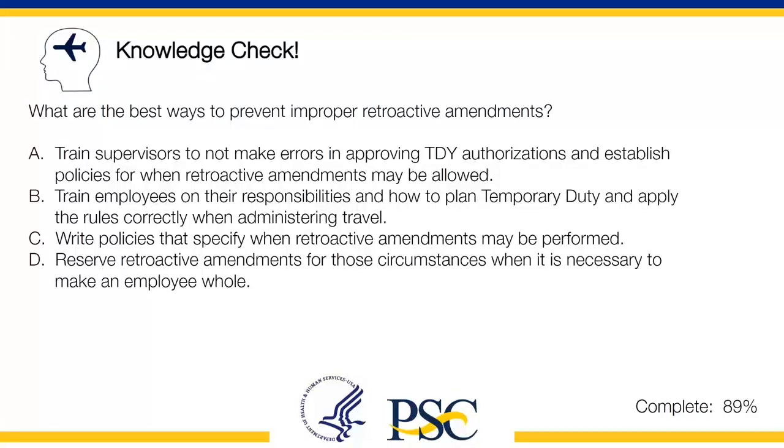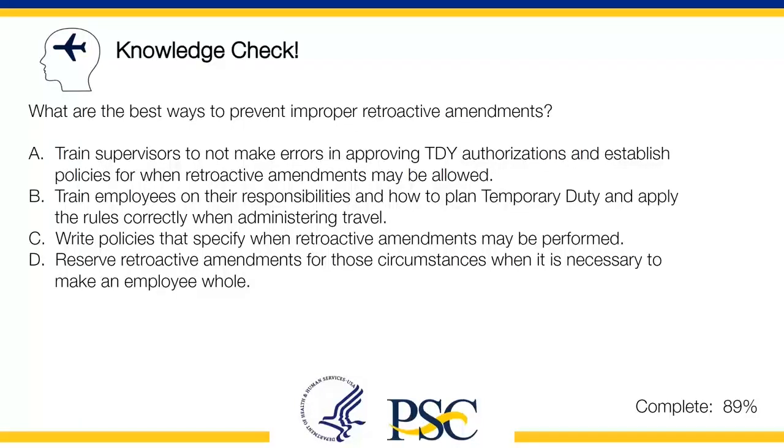What are the best ways to prevent improper retroactive amendments? A. Train supervisors to not make errors in approving TDY authorizations and establish policies for when retroactive amendments may be allowed. B. Train employees on their responsibilities and how to plan temporary duty and apply the rules correctly when administering travel. C. Write policies that specify when retroactive amendments may be performed.